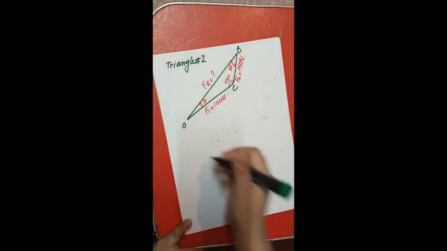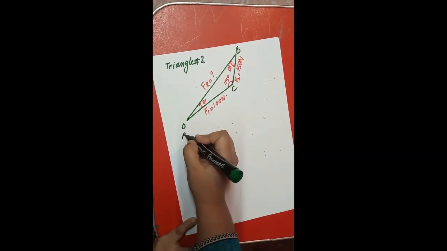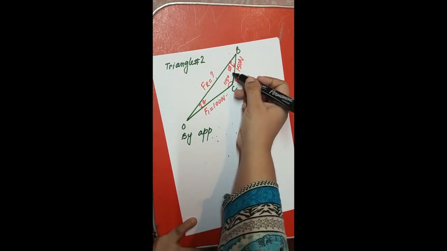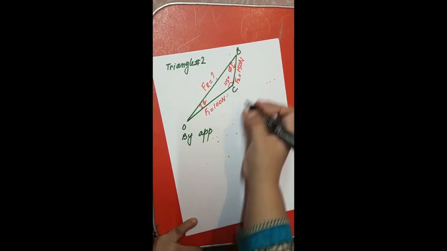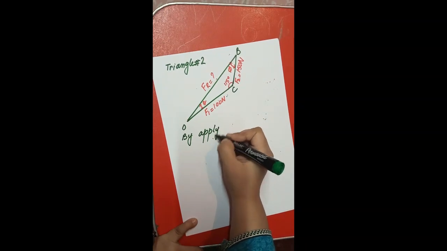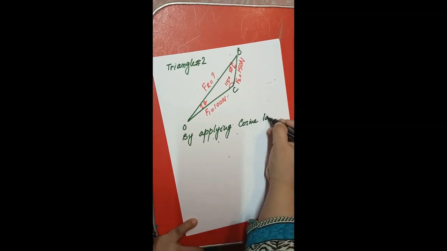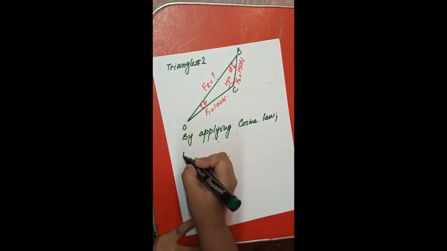What we have to do, as we have already discussed, is that theta and phi both are unknown, so we cannot use sine law. By applying cosine law, we will be able to find out FR.